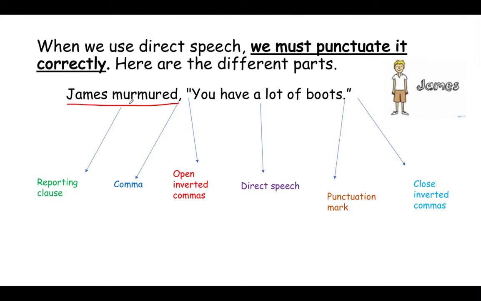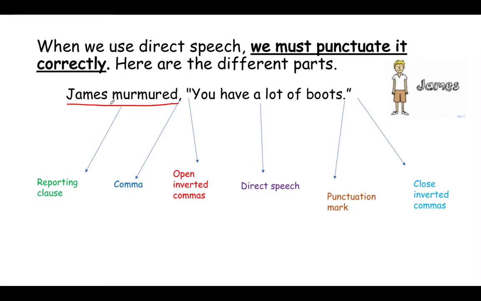So James, he murmured. So it could be James said, James declared, James shouted, James whispered. Sometimes we'll even have an adverb describing how it was said, like loudly, slowly.